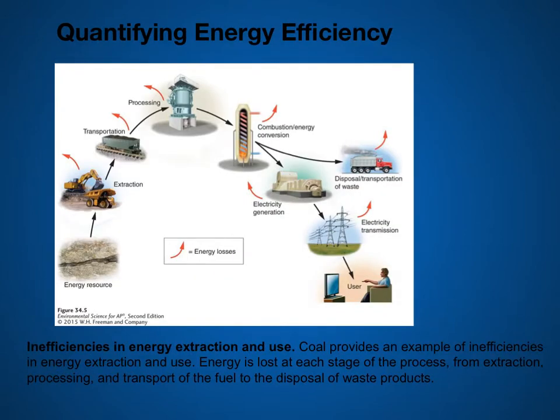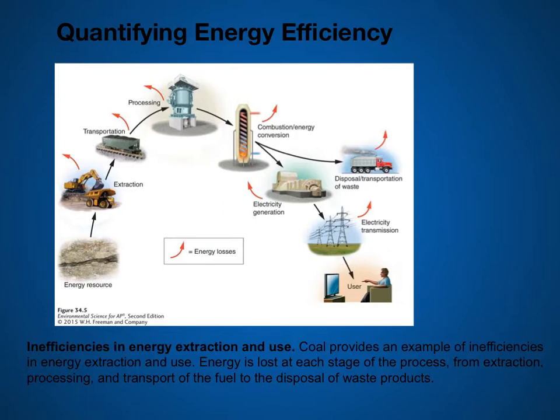This diagram outlines the process of energy use from extraction of a resource to electricity generation and disposal of waste products from a power plant. The red arrows indicate that there are many opportunities for energy loss, each of which reduces energy efficiency. You may recall that the efficiency of converting coal into electricity is about 35%. We discussed that earlier.